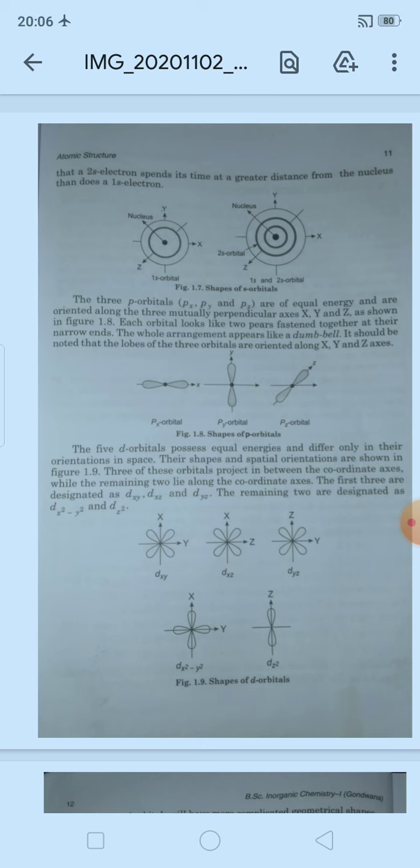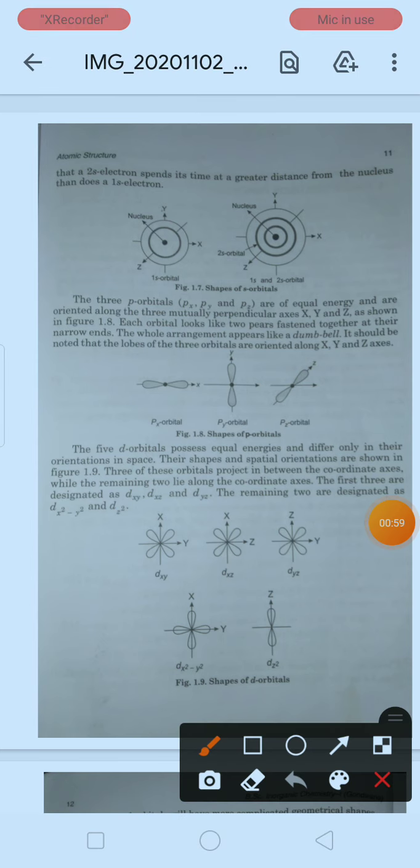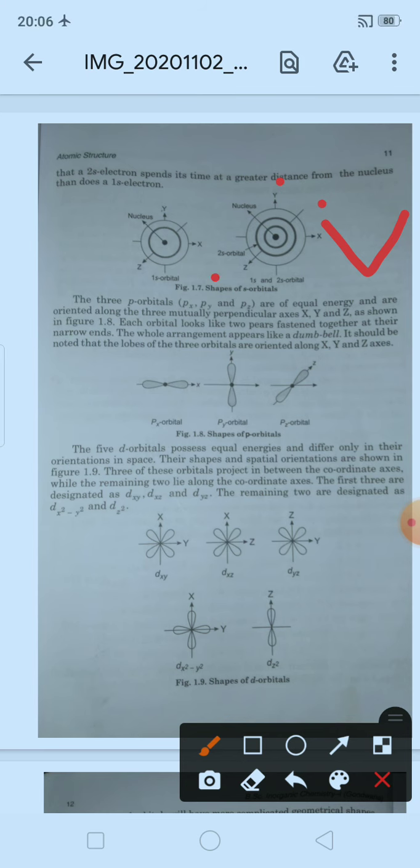Now here we are going to see the very first shape, that is the S-shaped orbital. S orbitals are, as you can see here, spherical in shape. There are X, Y and Z axes drawn there.